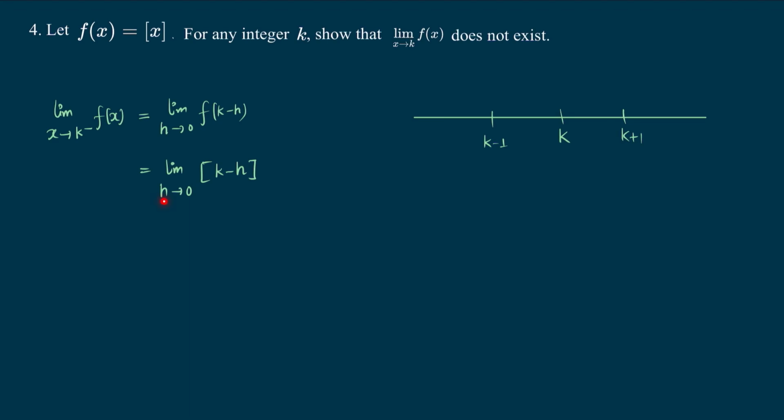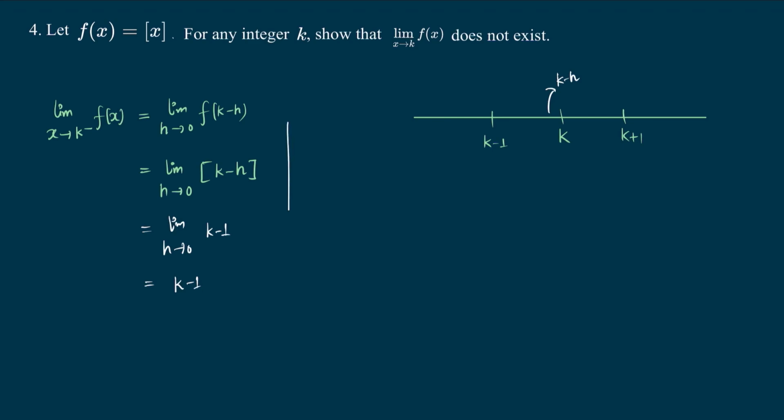See, h is tending to 0, that means h is very very small. So k minus h will be somewhere over here. Now you only see which integer is the greatest integer but less than k minus h, and obviously the answer is k minus 1. So here it will be limit h tends to 0 of k minus 1, and my answer will be k minus 1. So this is the left hand limit.